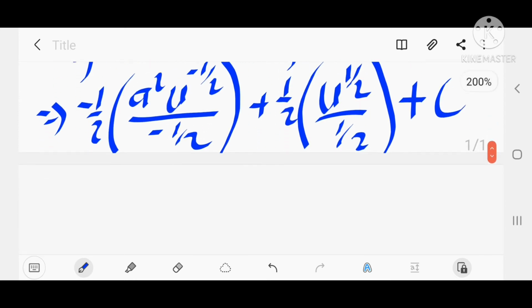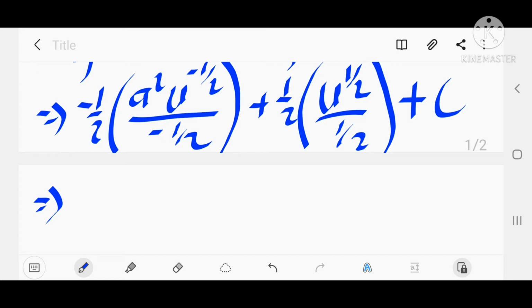So we can simplify the terms. Since the denominator is a half, reciprocating it we have 2.